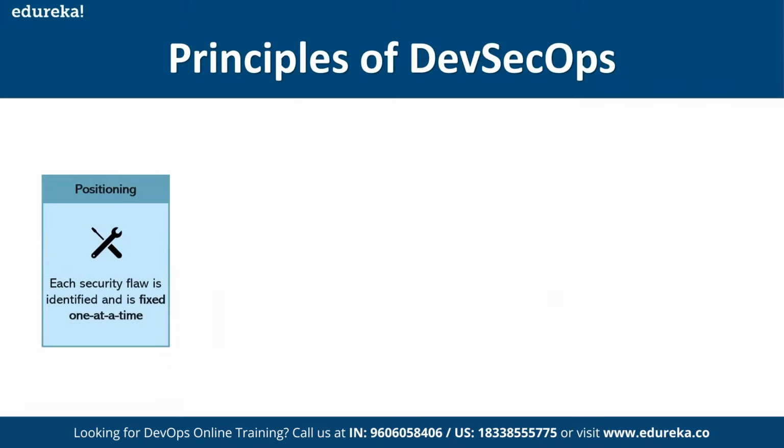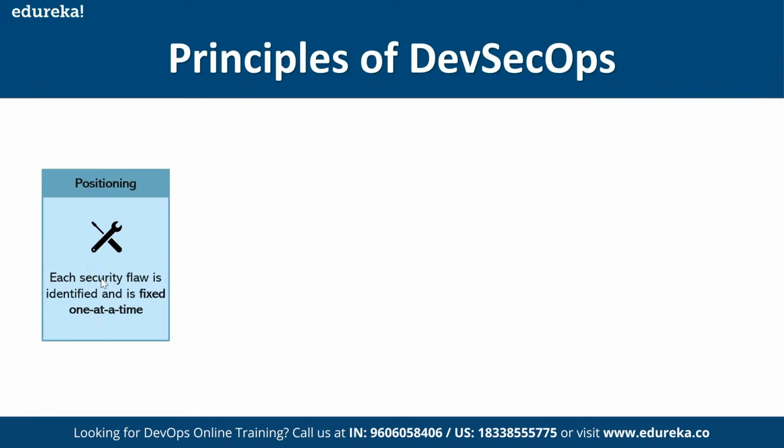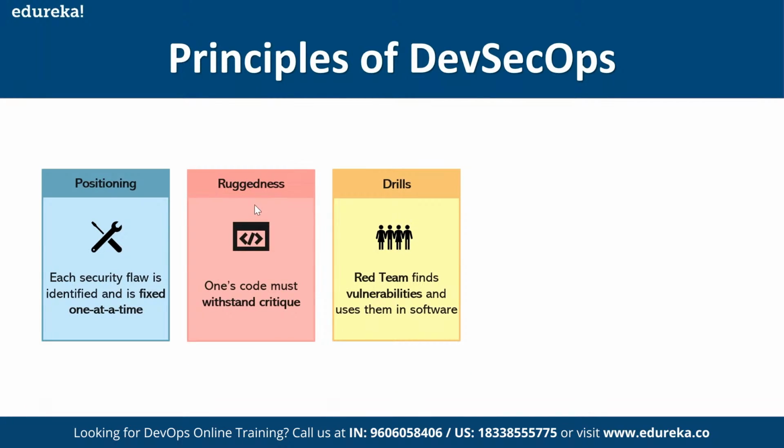Now, principles of DevSecOps: positioning. Each security flaw is identified and fixed one at a time, whether it's a development level flaw, a deployment level flaw or an infra level flaw, it should be found and fixed. Ruggedness: one's code must withstand critique, so all the vulnerable things should be identified on time.